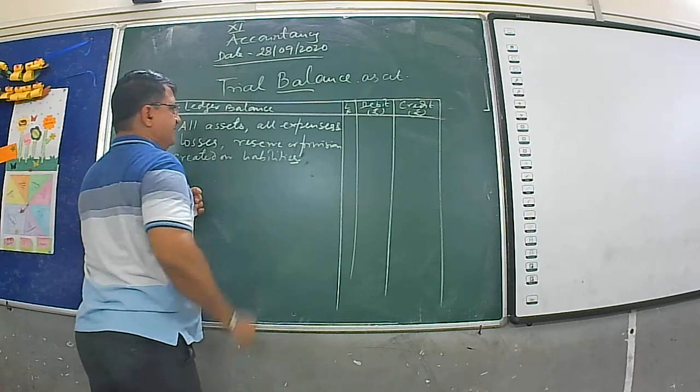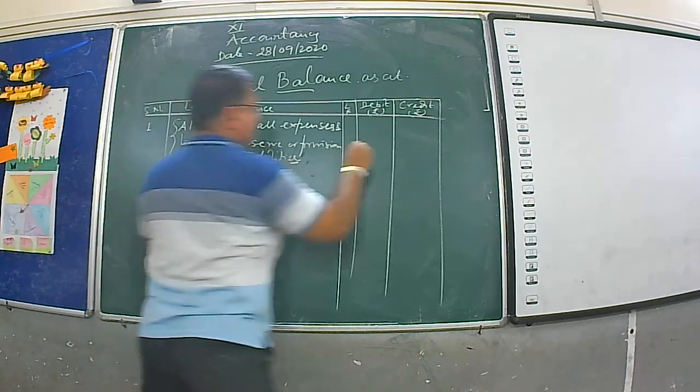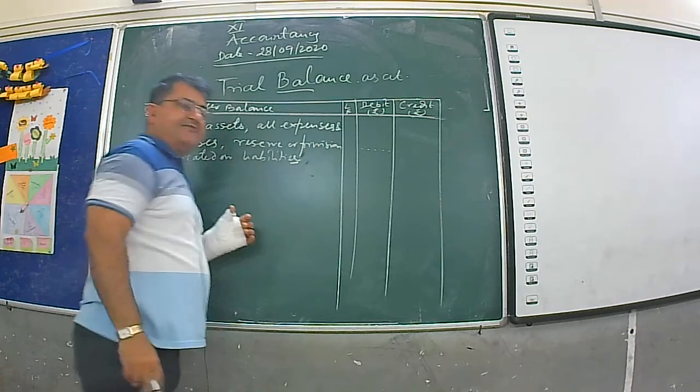These show debit balance, and their balances are always executed on the debit side of the trial balance.